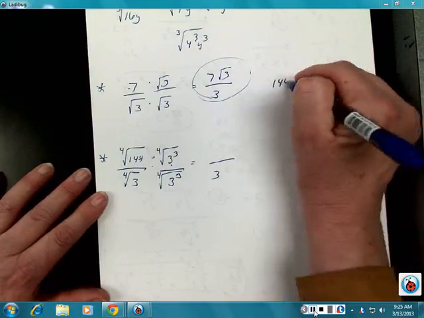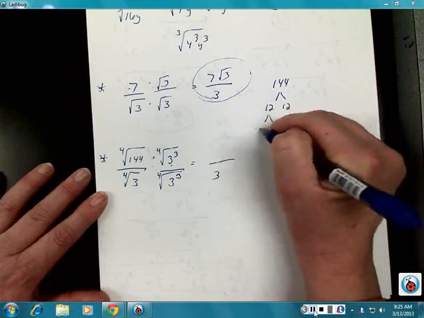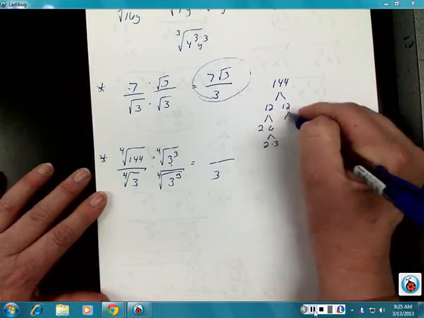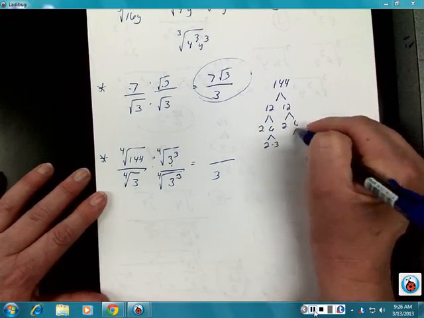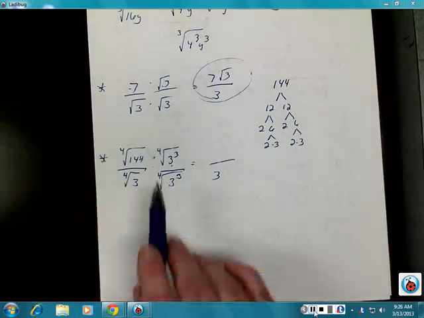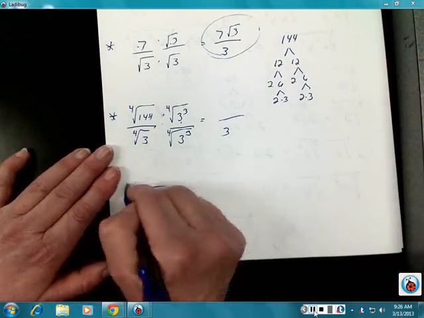But this top part, so if I take 144 over here, break it to 12 times 12, 12 breaks down to 2 times 6, and 6 breaks down to 2 times 3, and the same over here. So really, what do I have underneath this radical piece on the top? I'm going to need more room, so I'm going to write it down here.